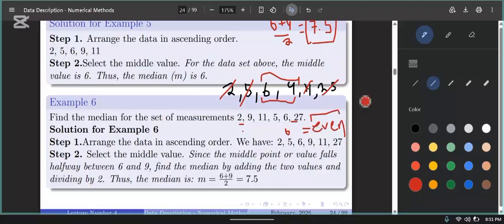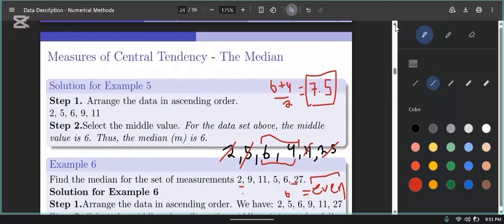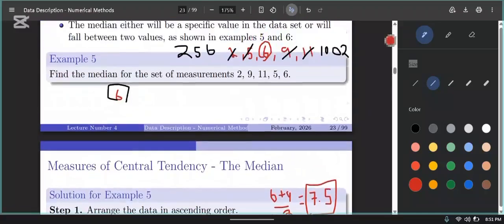But in the previous example, we counted 1, 2, 3, 4, 5. 5 is what? An odd number. So for an odd number, the middle value will simply be a single number.